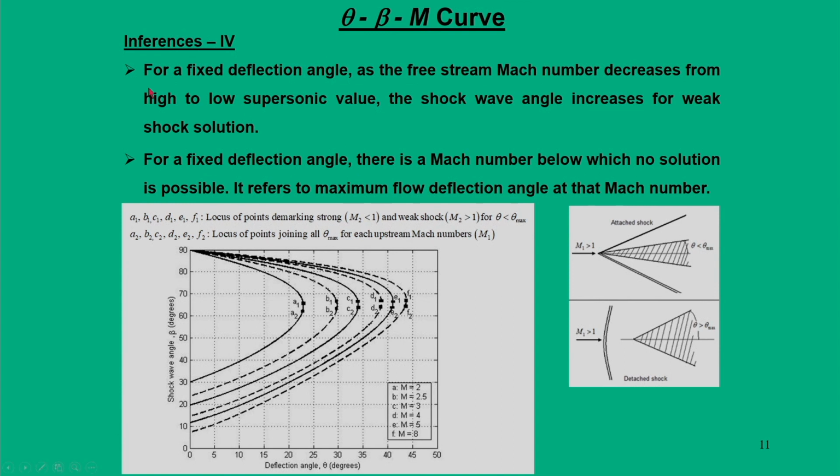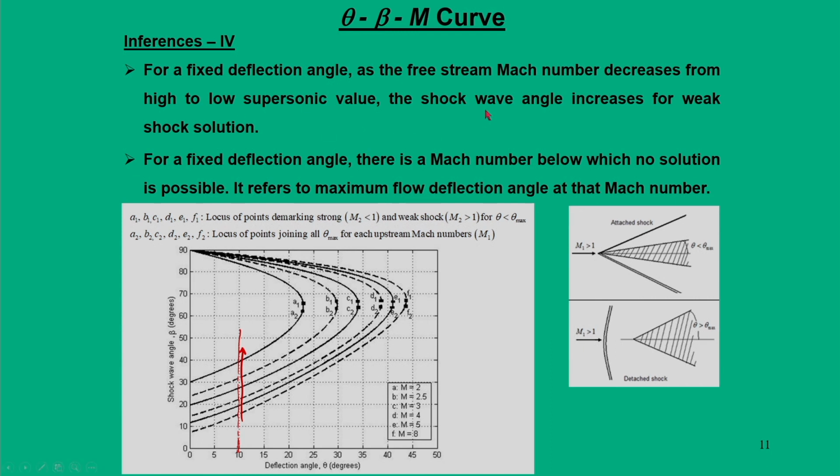Next inference is that, for a given flow deflection angle, when you fix a theta, let us say 10 degree, and the free stream Mach number decreases from high to low supersonic value, that means I am going from Mach 8 to 2, in the decreasing direction.